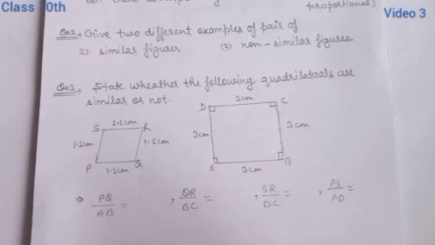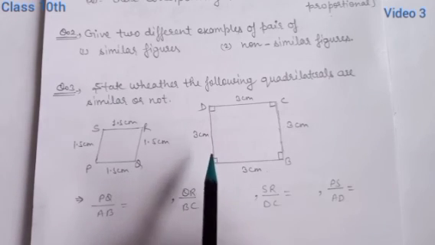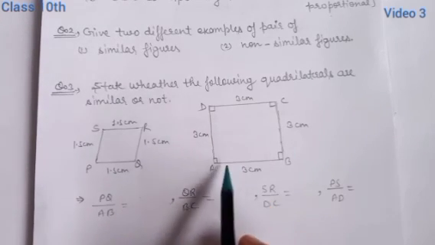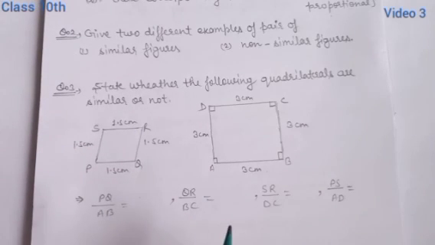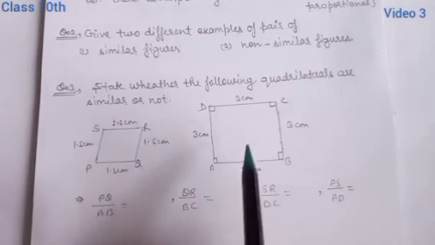What about the shape? Yes, their shape is the same. Second thing is that their angles are equal. One thing we should notice here is that angles are given in one figure, but not in the other. So it is not sufficient to find out whether these are similar or not, because the angles are not given in one.